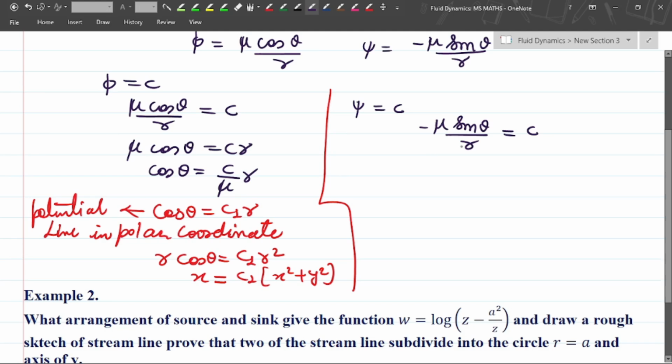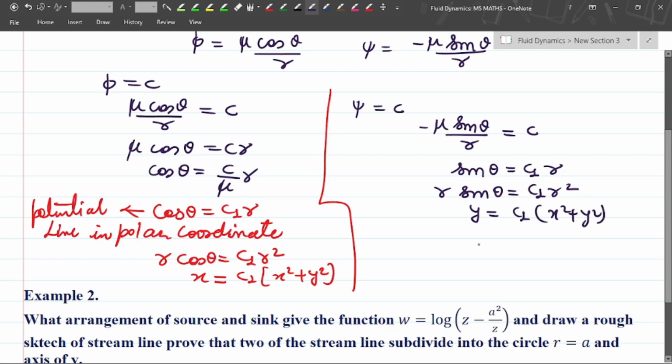So sine theta is equal to some c1 into r, or basically r sin theta is equal to some c1 into r square. Then y is equal to some c1 into x square plus y square. This is the streamline. So this is the potential line, and this is the streamline.